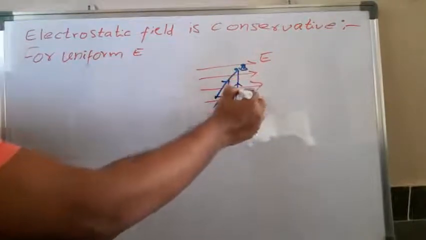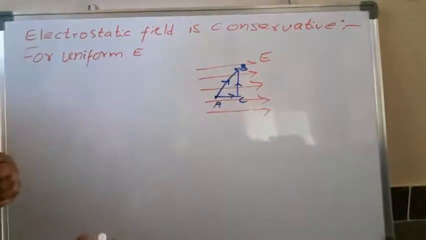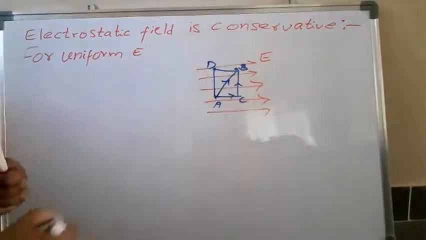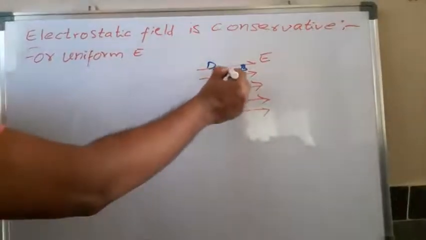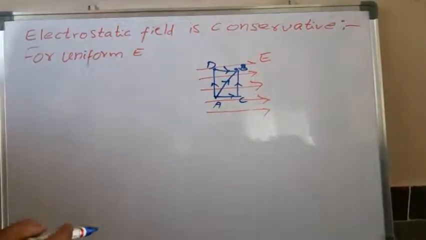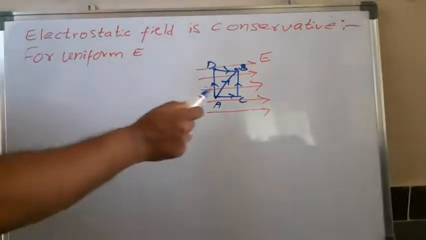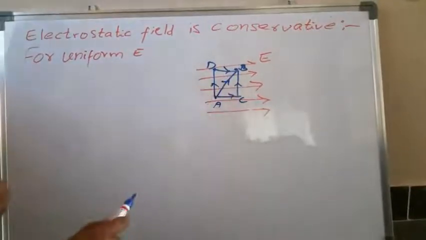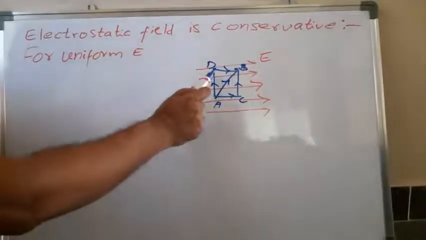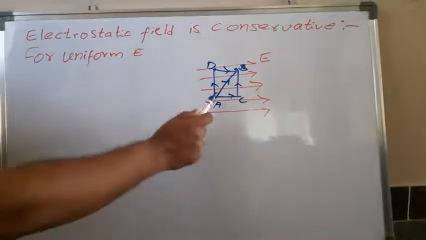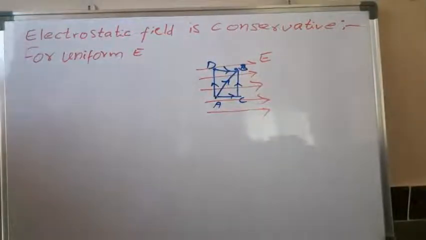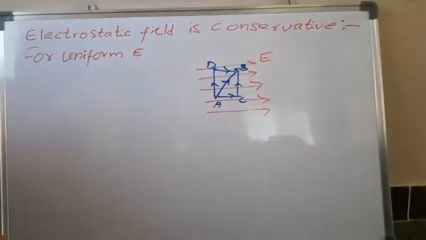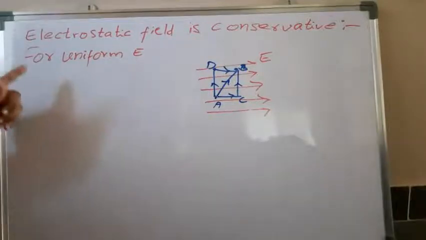I will name this point as C, and I will choose some other path. I'll take this point as D. We'll calculate the work done to move Q naught charge from A to B in three different paths. Path 1 is ACB, path 2 is ADB, and path 3 is AB. If we find the work done in these three cases is equal, then the electrostatic field is conservative for a uniform electric field.